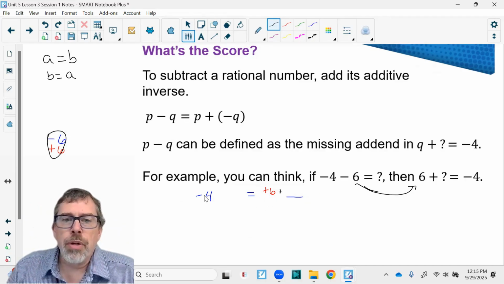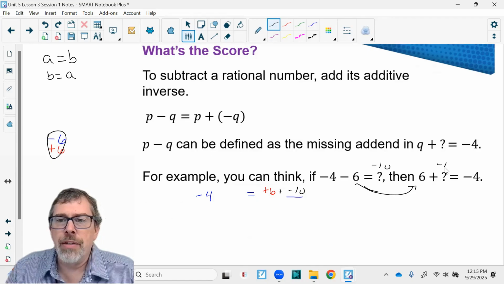So 6 plus what equals negative 4? Well, it's going to be negative 10. So what they're basically saying is if negative 4 minus 6 equals negative 10, then 6 plus negative 10 will equal negative 4. Hopefully that wasn't confusing.